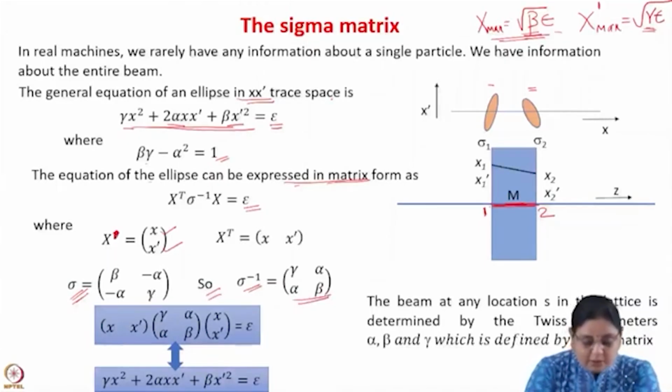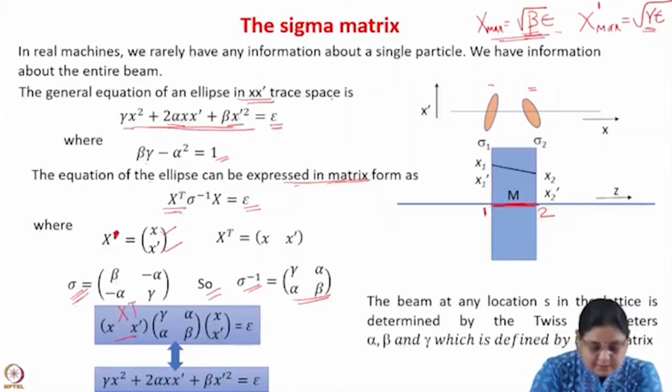So now let's write x transpose sigma inverse x is equal to epsilon, and we expand this, we multiply this expression, we get the equation of the ellipse.